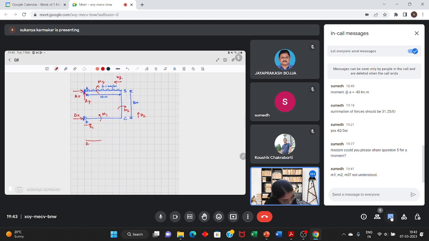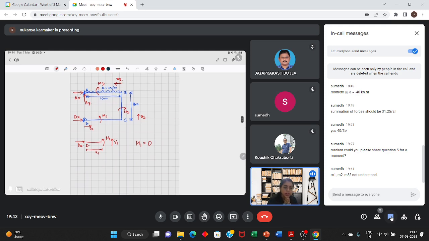This length is X1, the moment here is M1, you have a shear, let's say V1, and the support reaction is dx. What will the value of M1 be? It will be 0 because there is no vertical shear or vertical force to create moment. So M1 is equal to 0.